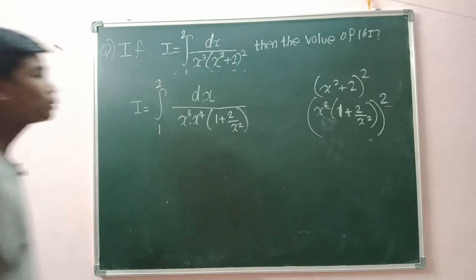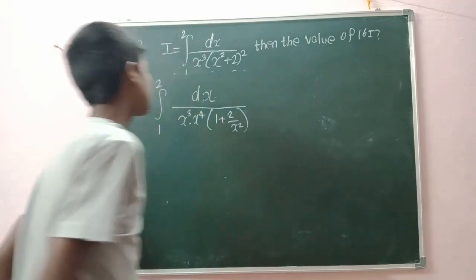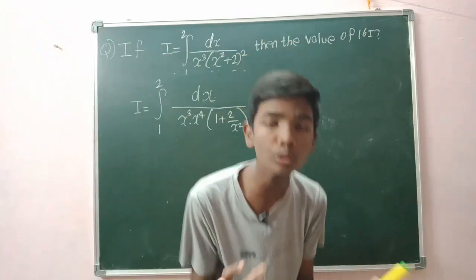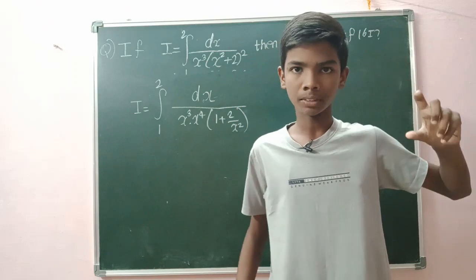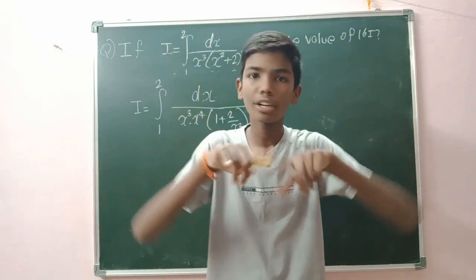In the substitution method, what you are going to do is, listen very carefully. First try to observe this integral. Think what substitution I can use here such that you can get the value of dt. For example, in this particular integral I will use some expression for t, right?